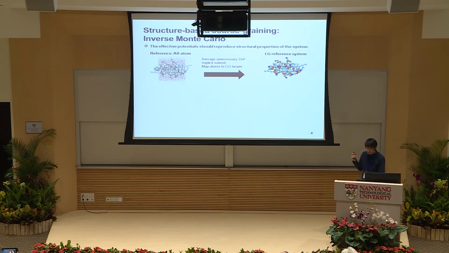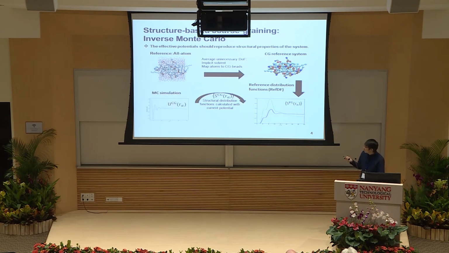Once you have your coarse-grained representation of your reference system, you can calculate the structural features of your system, which are just radial distribution functions. And from now on, you are in an iterative procedure, whereby you have an initial guess of your so-called effective potential.